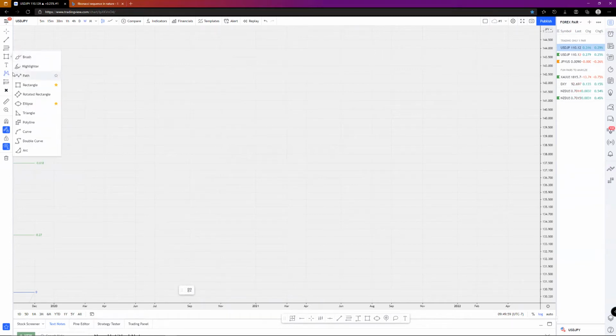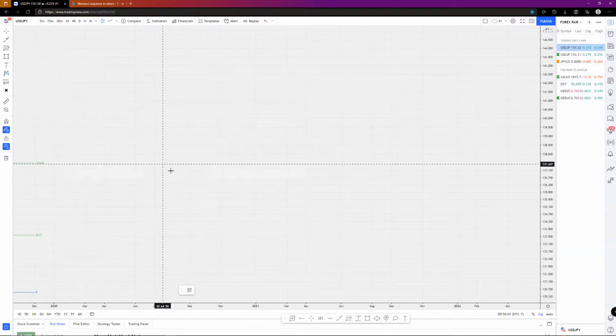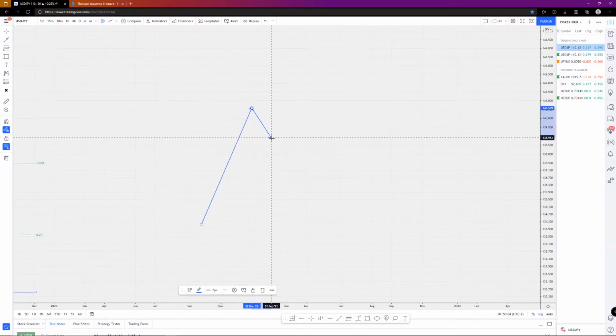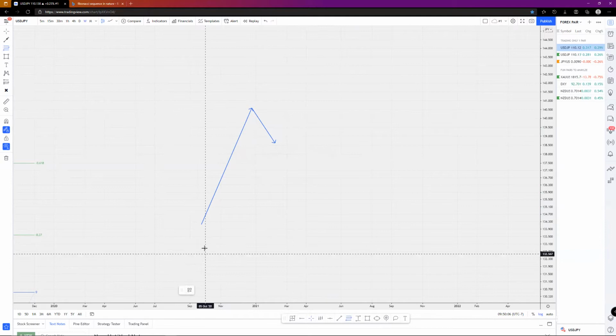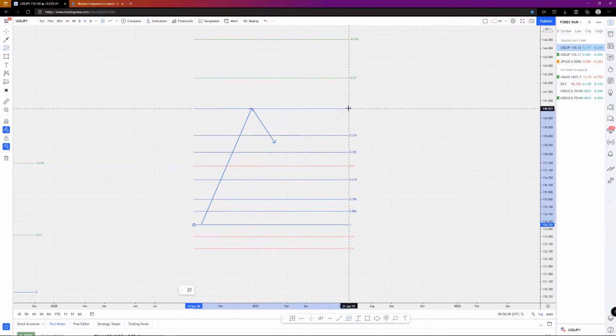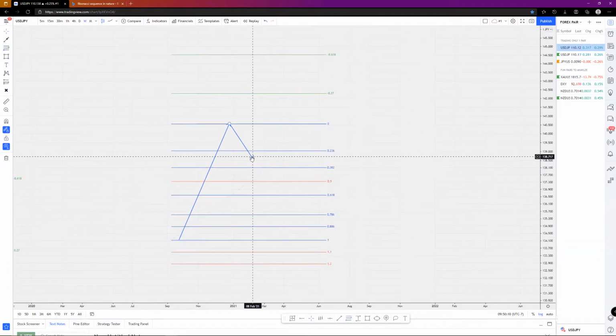So when we go up, right, and pull back, this is basically what I can see from the market.